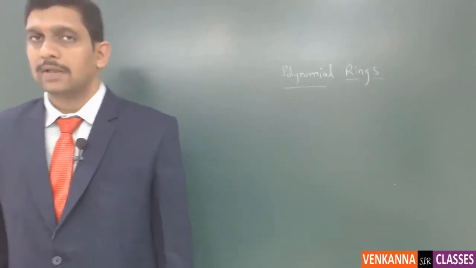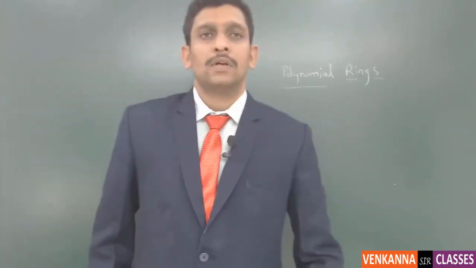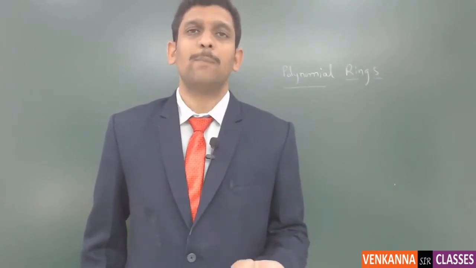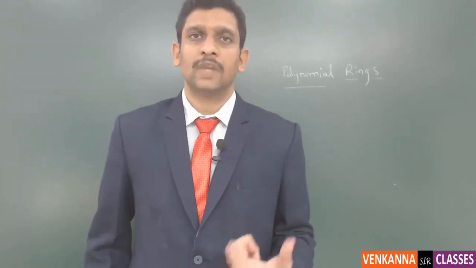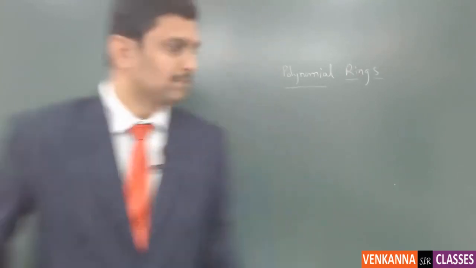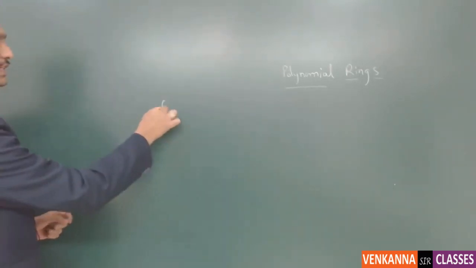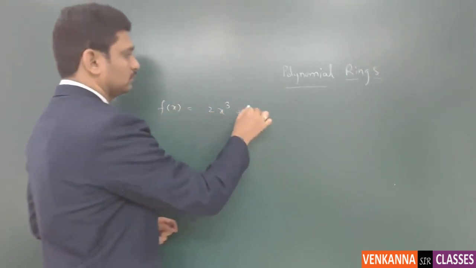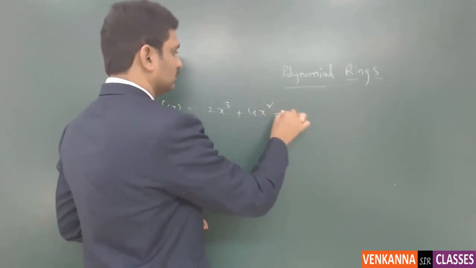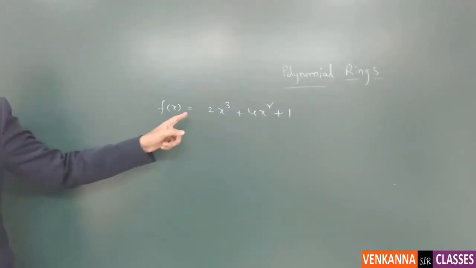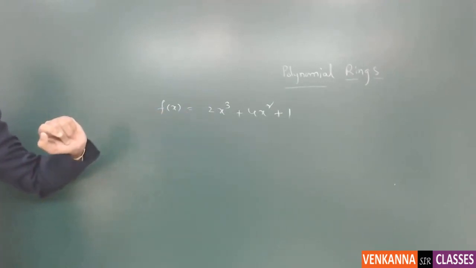Right. Then, in short, what is meant by a polynomial ring? Generally, let us write a polynomial first. Say f of x equal to 2x cube plus 4x square plus 1.